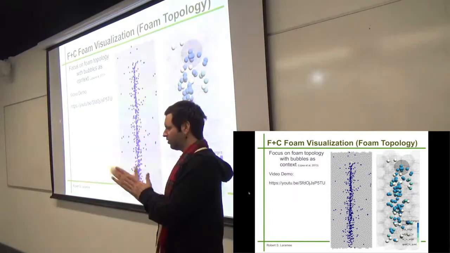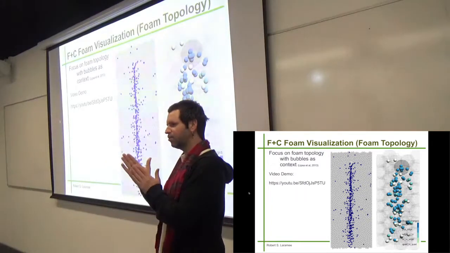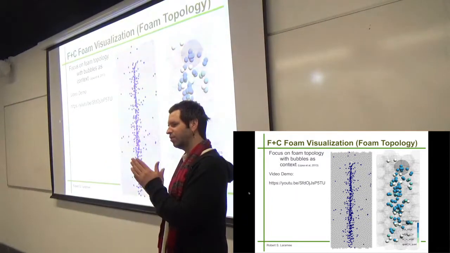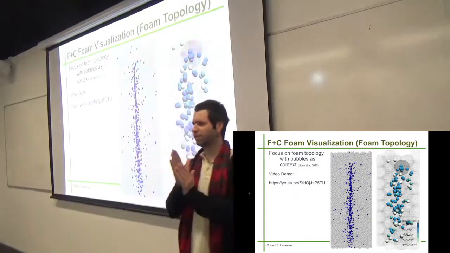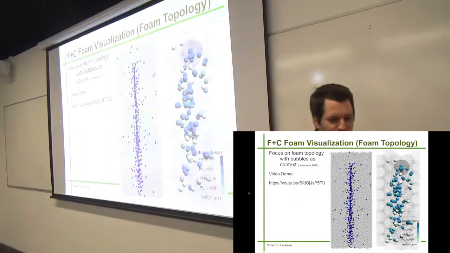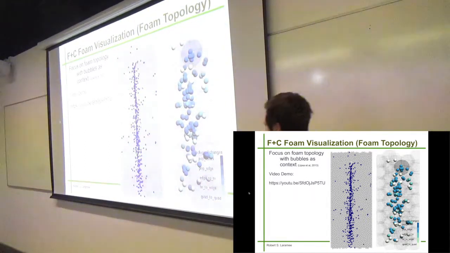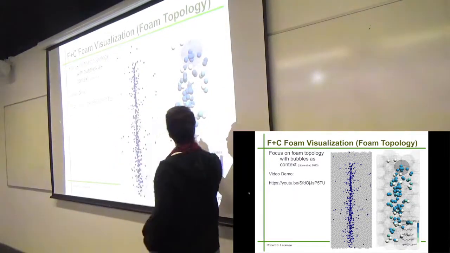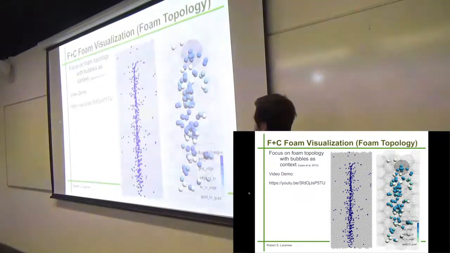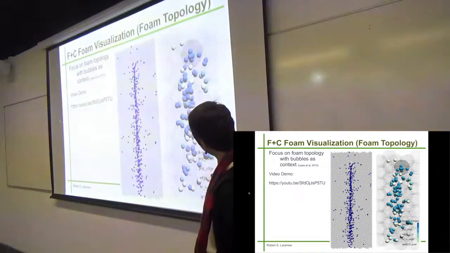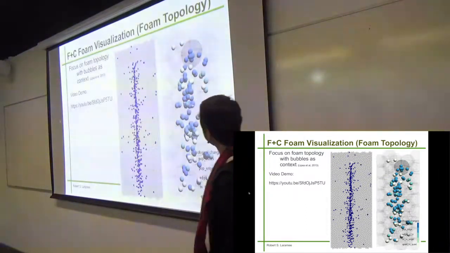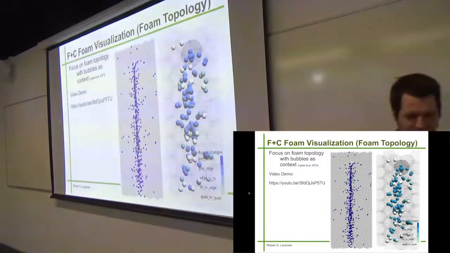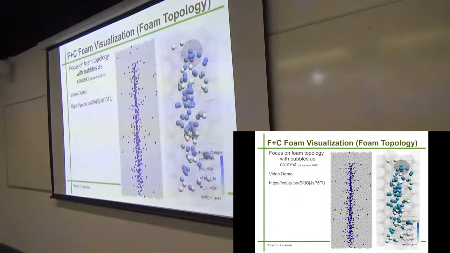When one bubble slides past another and its neighbors change, the topology of the foam changes, and it gets highlighted in this focus and context visualization. This is a 2D time-dependent version, and this is the 3D time-dependent version as the foam descends. And there is a demo video of that one too.